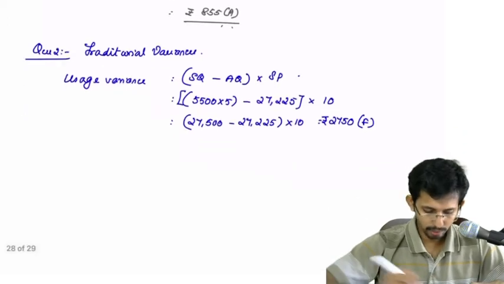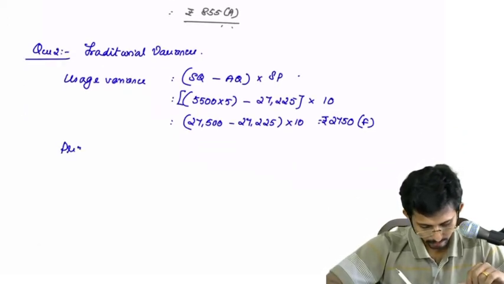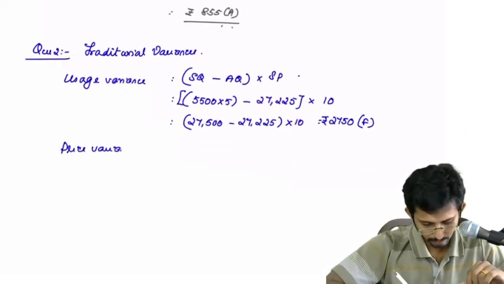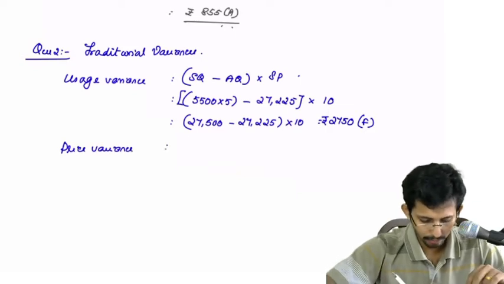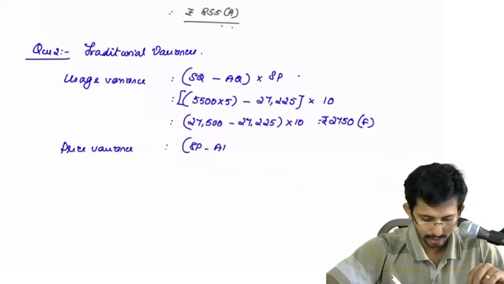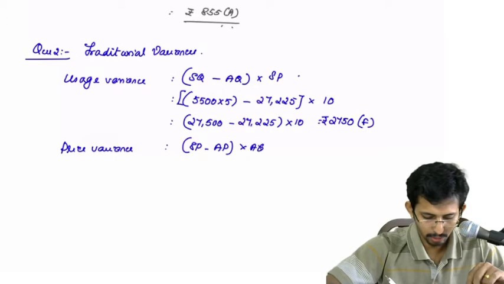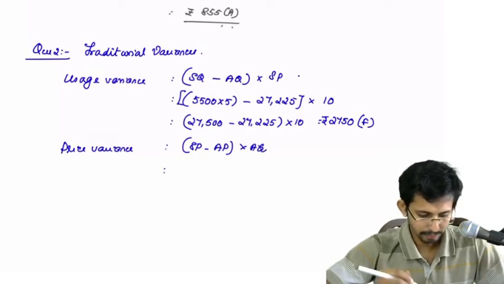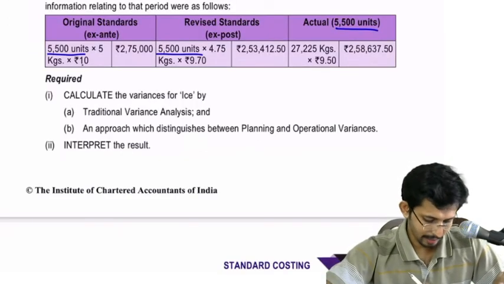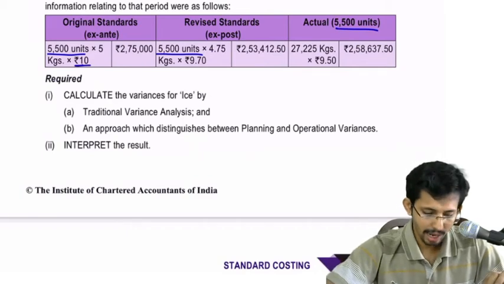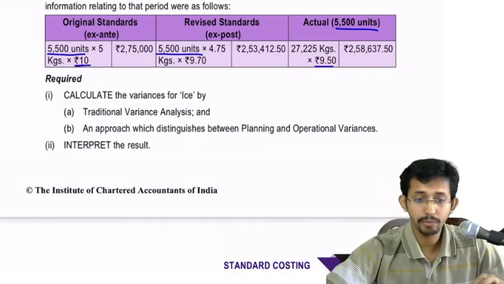Okay, now next is price variance. What was the original price? The formula is SP minus AP into AQ. Am I right? What is SP? SP was 10, the original price, and the actual price was 9.50.